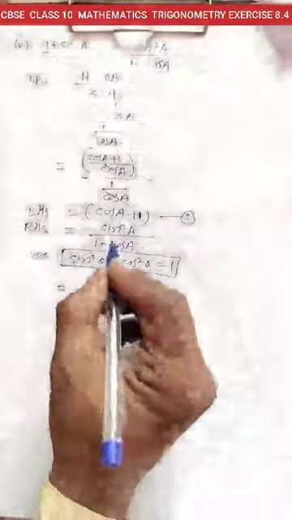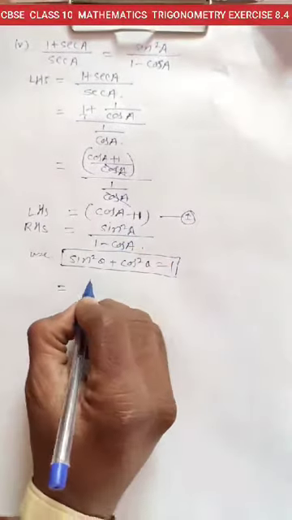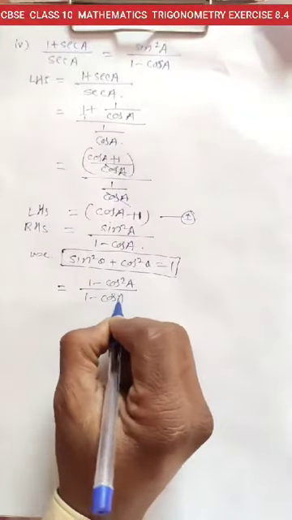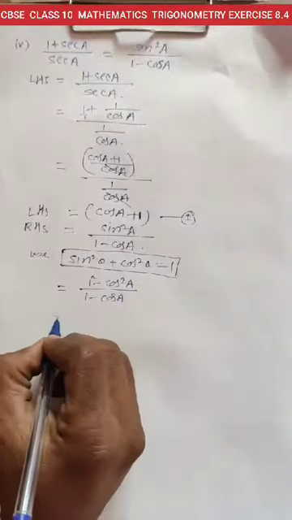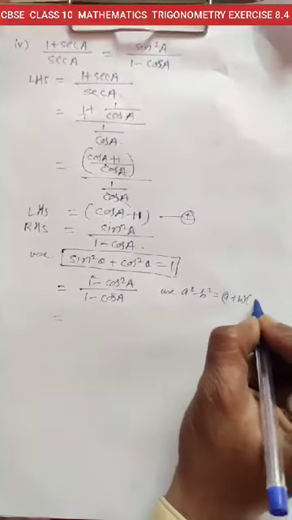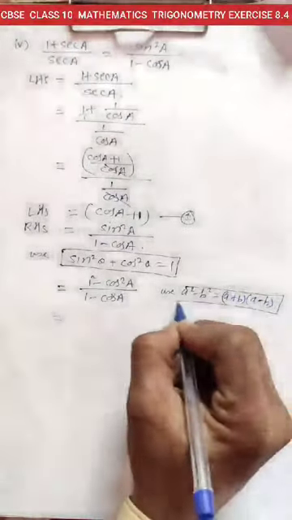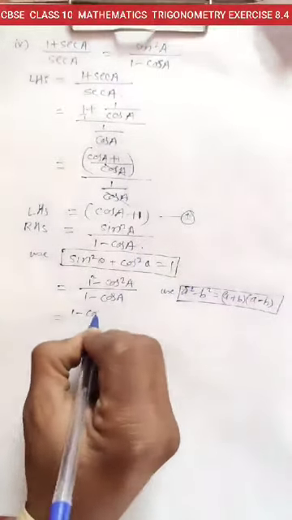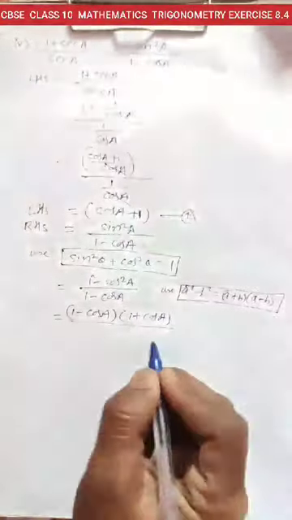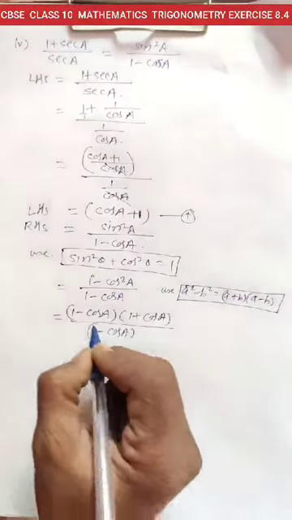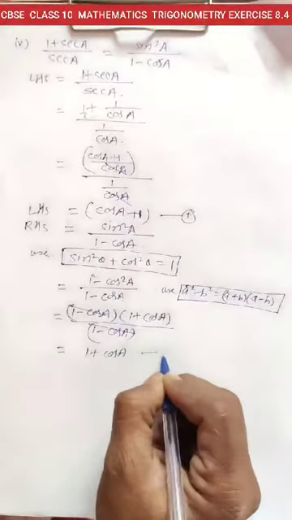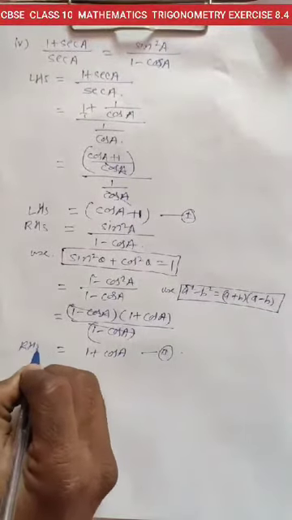By using this identity, we write sin square A as 1 minus cos square A, divided by 1 minus cos A. Again, considering 1 as 1 square, we use the formulation A square minus B square equals A plus B into another bracket A minus B. After using this formulation, 1 minus cos A into another bracket 1 plus cos A, divided by the denominator 1 minus cos A. So 1 minus cos A and 1 minus cos A get cancelled. What will be the remaining? 1 plus cos A. This is equation number 2, the RHS.